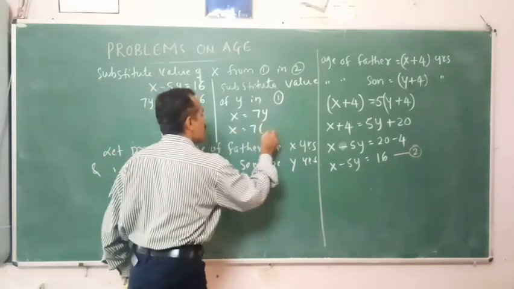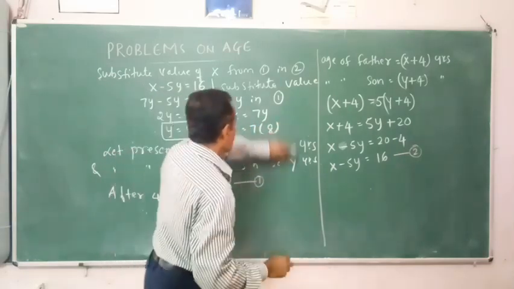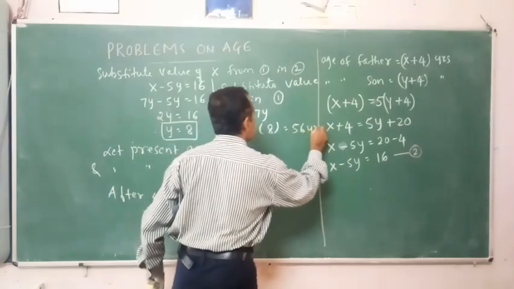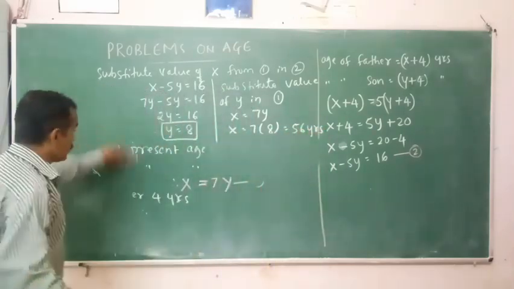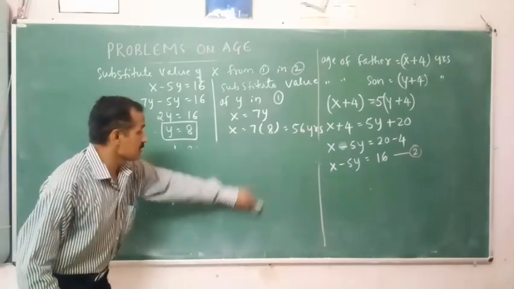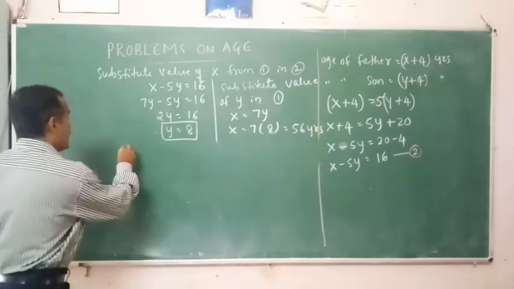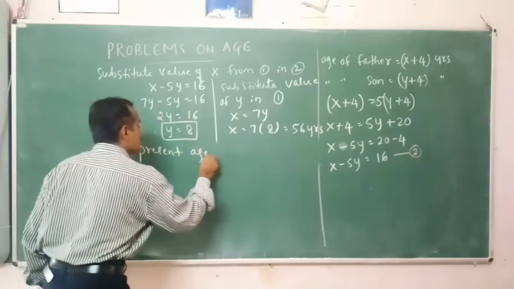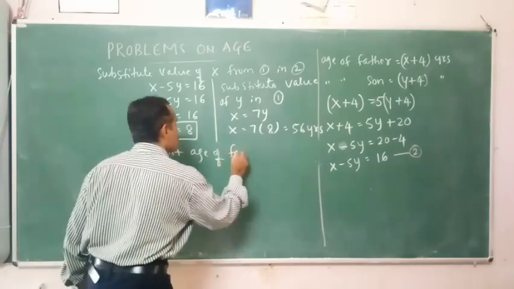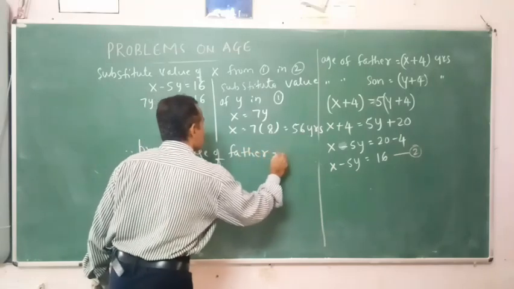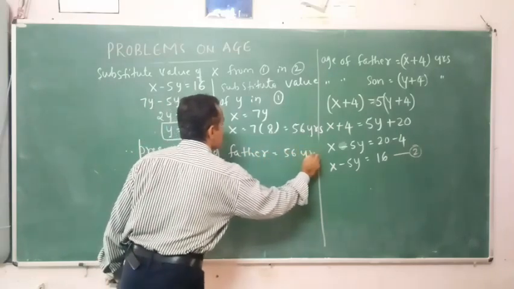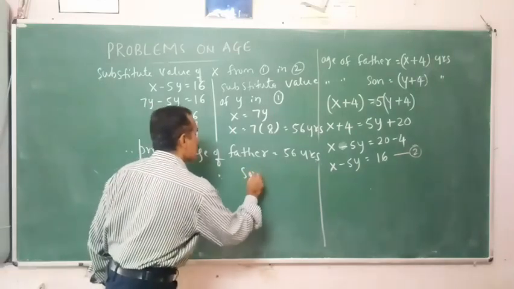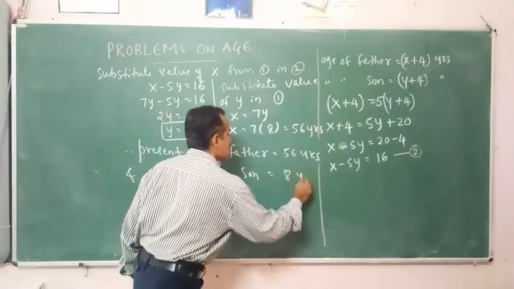X is equal to 7 into 8. 7 into 8, answer is 56 years. You have to end your answer like this. Therefore, present age of father is equal to 56 years and present age of son is equal to 8 years.